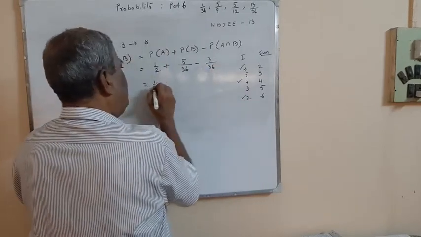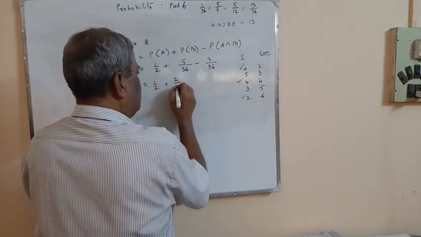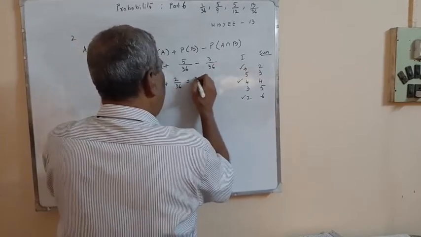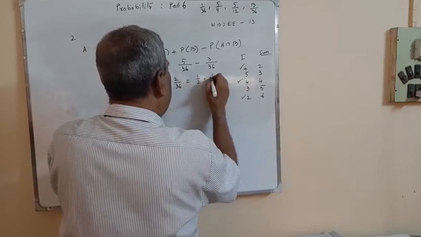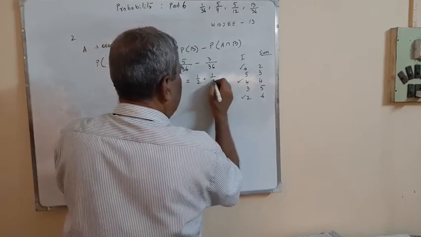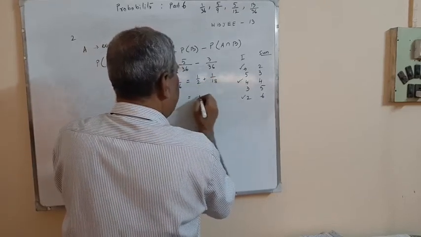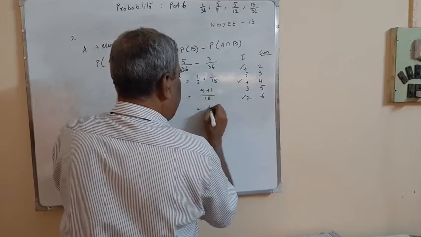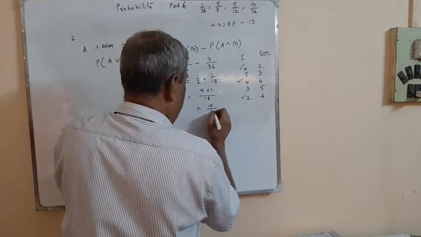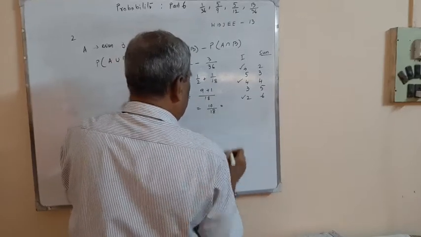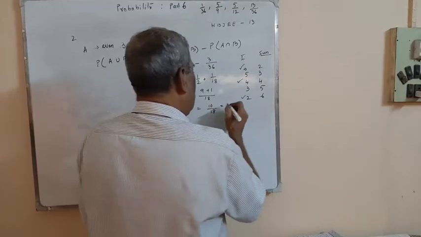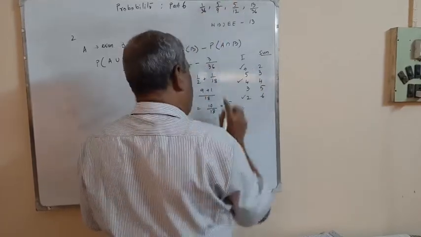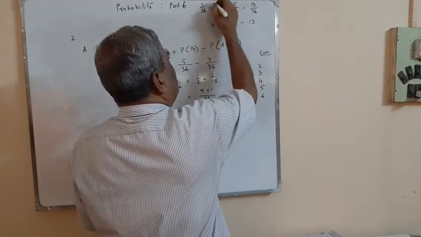So half plus 2/36 is equal to half plus 1/18, which is 9 plus 1 over 18, so 10/18, which is equal to 5/9. So 5/9 is our answer, and this is the correct option.